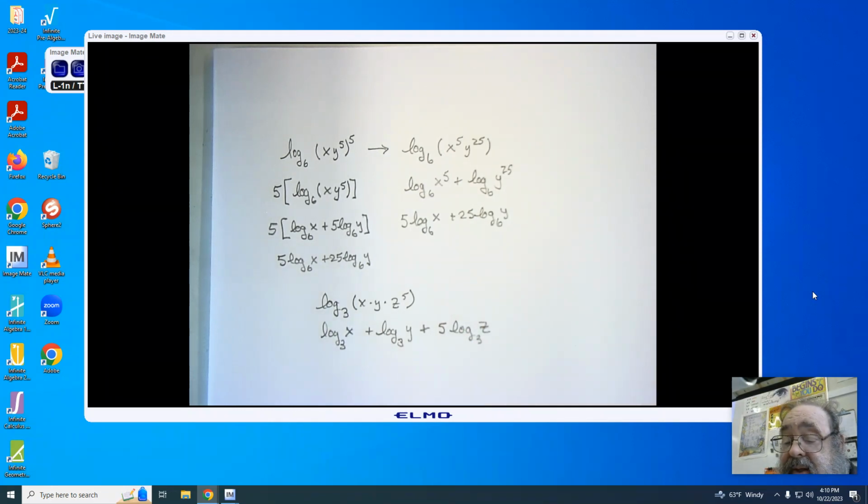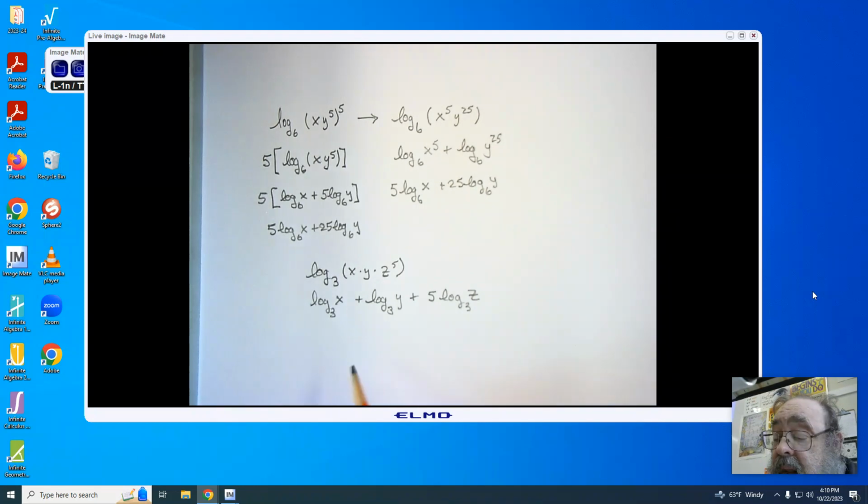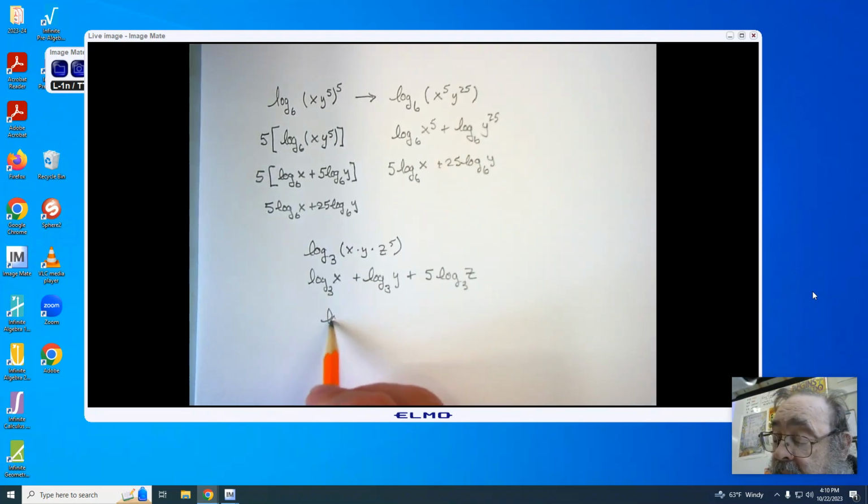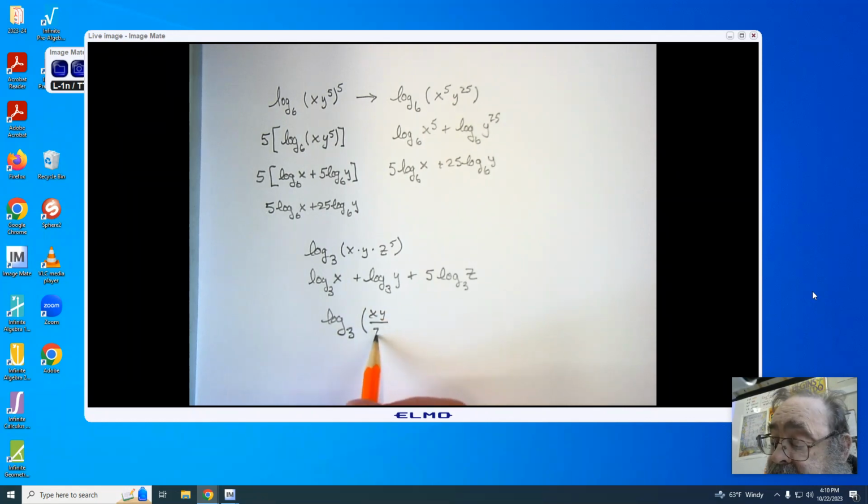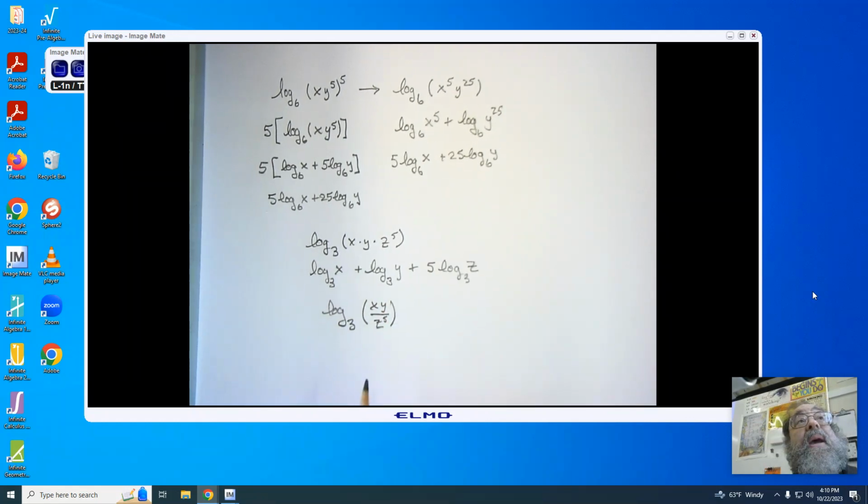Now remember, if we had a denominator, for example, let me just go ahead and make a problem up on the fly and take log base 3 of xy divided by z to the fifth. Because I now have a minus, the problem will end up having a minus as opposed to a sum. Notice the numerator still has the product up top.